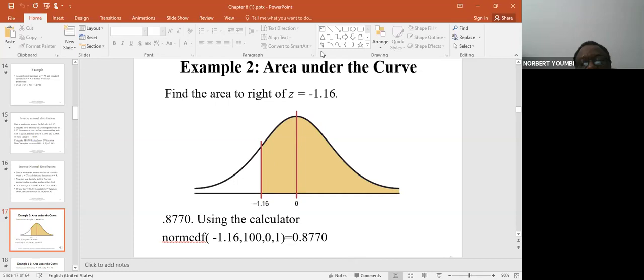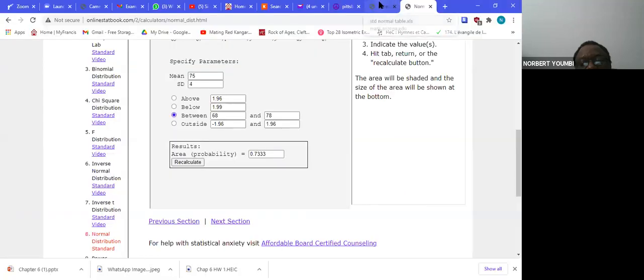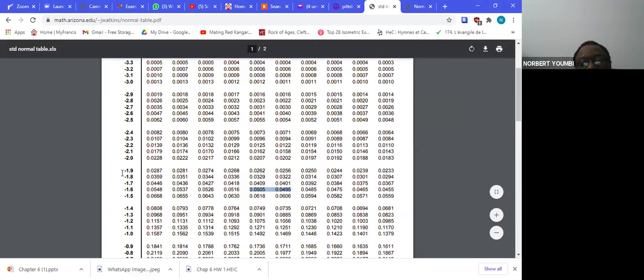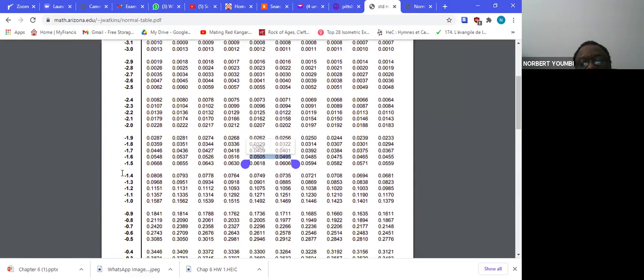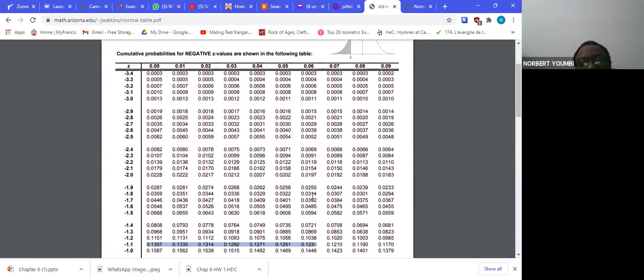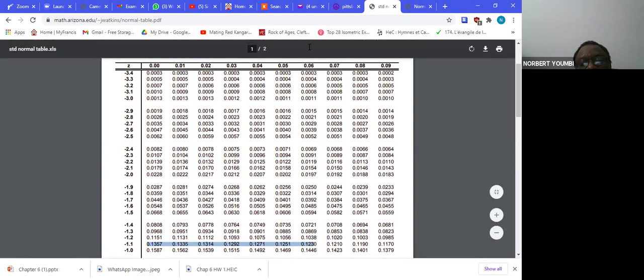So we go back to the normal distribution table. Standard normal distribution table, and we are looking for negative 1.16. Here is negative 1.1. And we have 0.123 as the area to the left of negative 1.16.